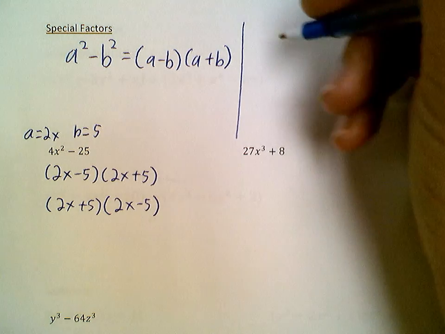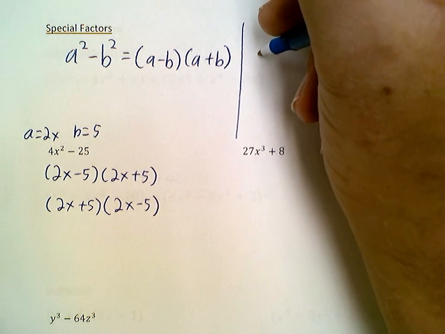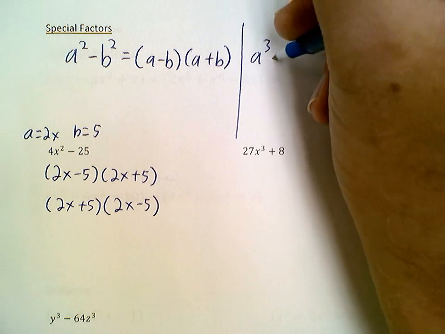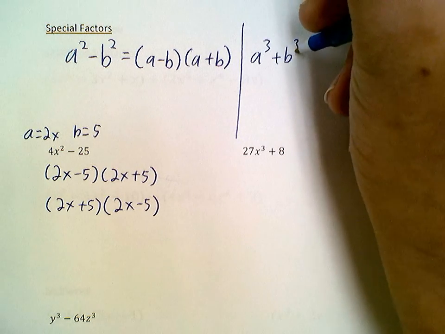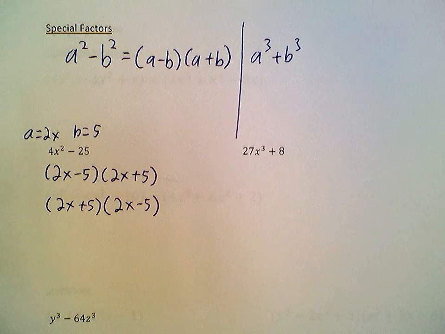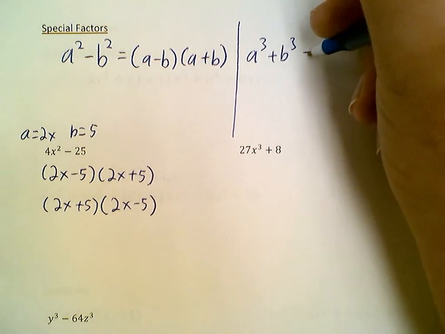So sum of cubes looks like this. It happens when you have two perfect cubes adding together, like a cubed plus b cubed. Okay? So in this case, here's how it can be factored.